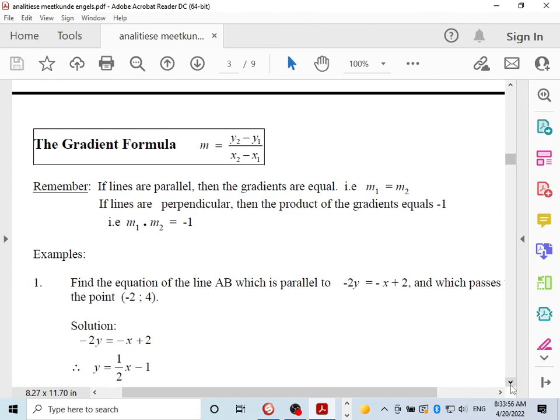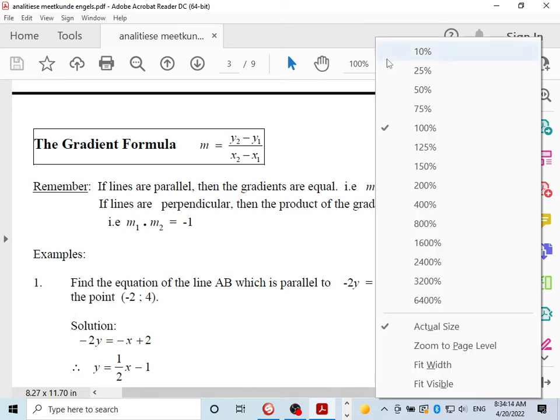The gradient formula, you know the gradient formula. Because the gradient formula we use in algebra, when we look at the functions, the straight line, you remember that one? No? Yes? And we also use it in analytical geometry.